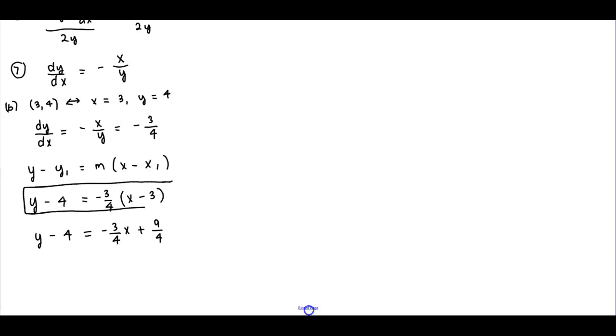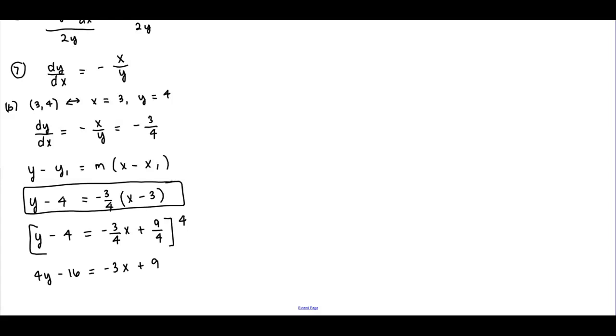Again, this is the point slope form. If we want to simplify this a little further, we have 4 terms, so we can multiply everything by 4. That gives us 4y minus 16 equals negative 3x plus 9.